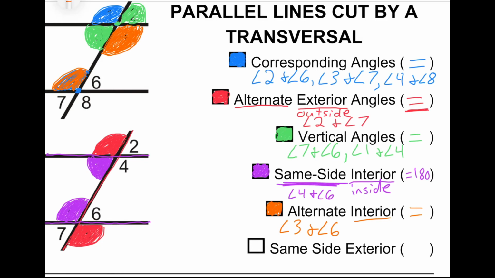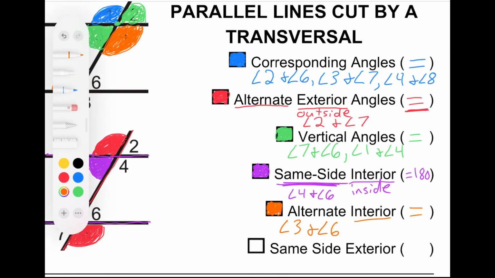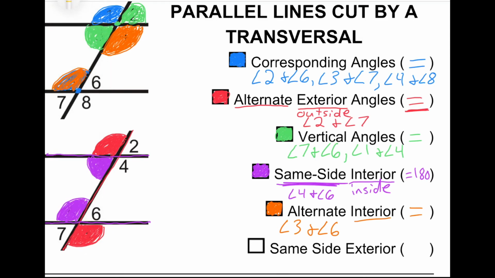And then lastly, same side exterior, remembering that the word exterior means outside. So we're looking at the outside of the two parallel lines and the same side. So we can look at angle 2 because it's an exterior angle.